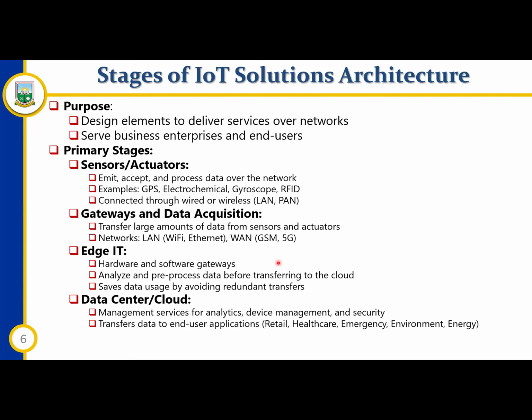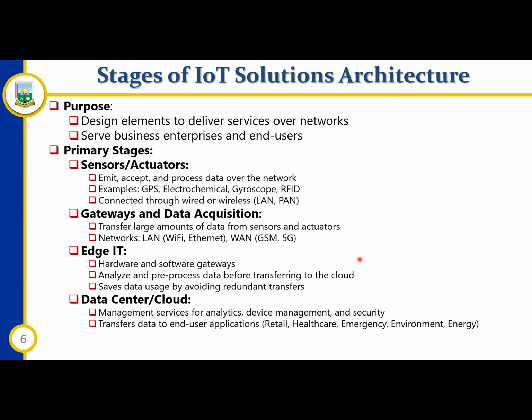So usually, when the amount of data produced by these sensors and also these actuators increases, then there should be a need to have high speed gateways and also networks to enable a seamless transfer of data. So usually the network can be a local area network, and it could be Wi-Fi, or it could even be the internet approach, that is the use of the cable or the wireless.